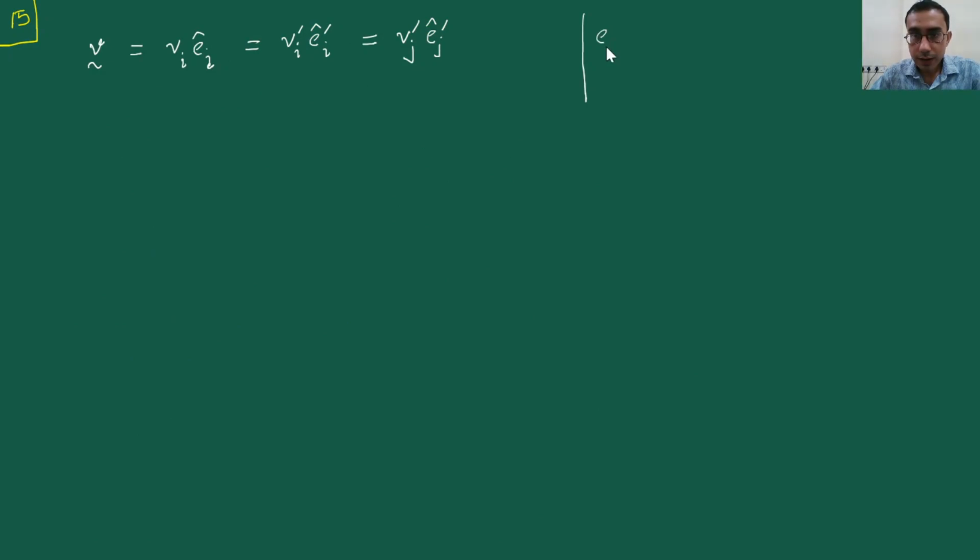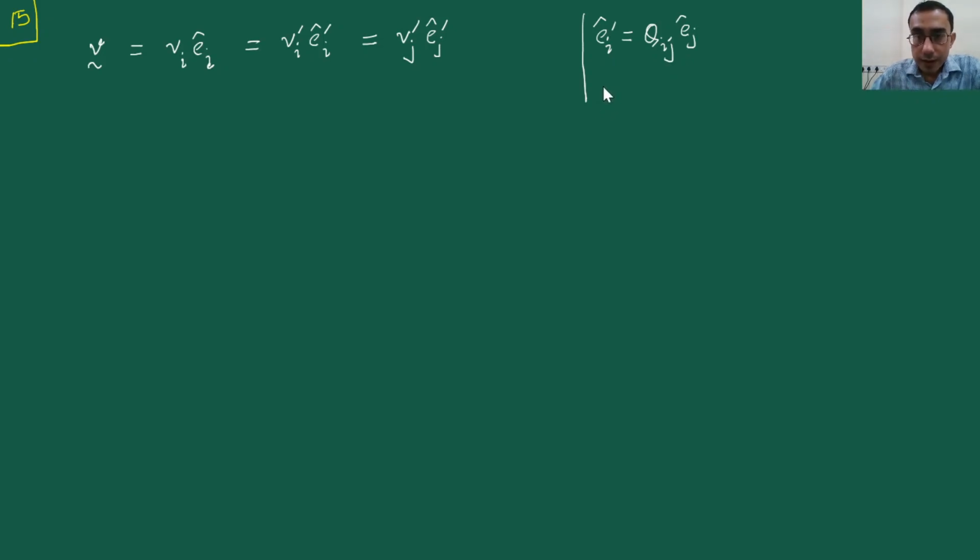We have already seen that ei hat dash is equal to qij ej hat. Now you see on the right hand side, this j is a repeated index. Okay, the order of the tensor here is represented by this free index i. On the left hand side also i.